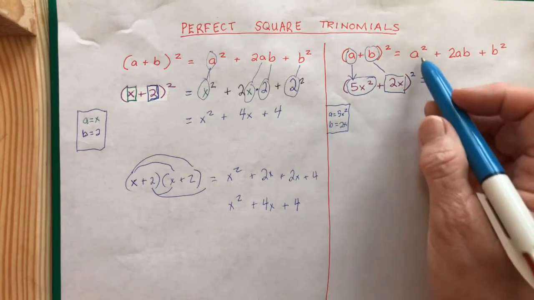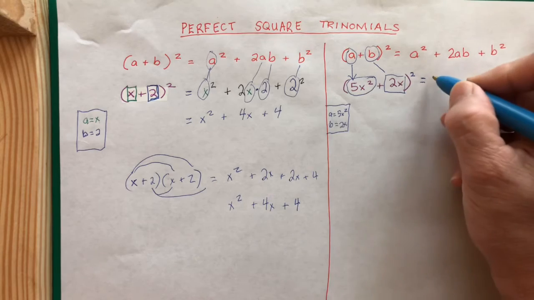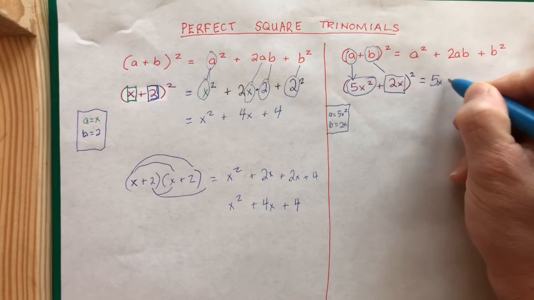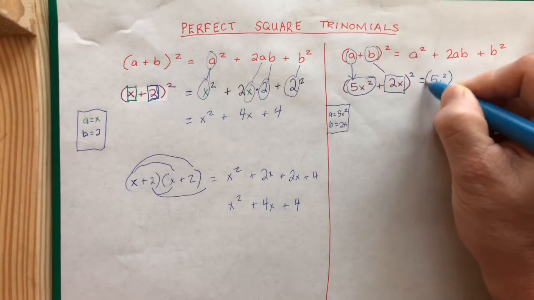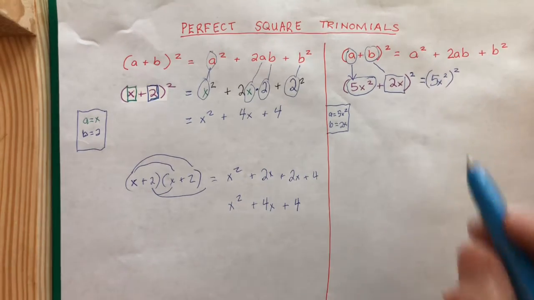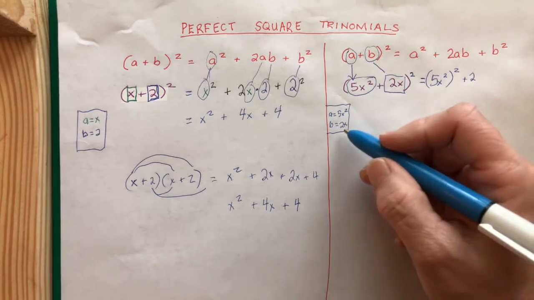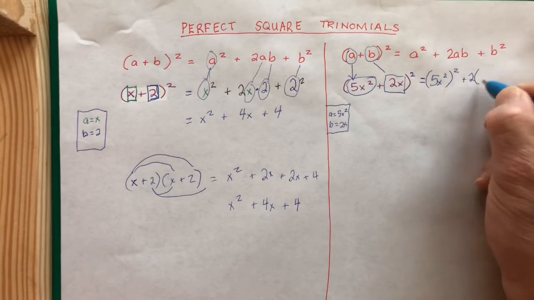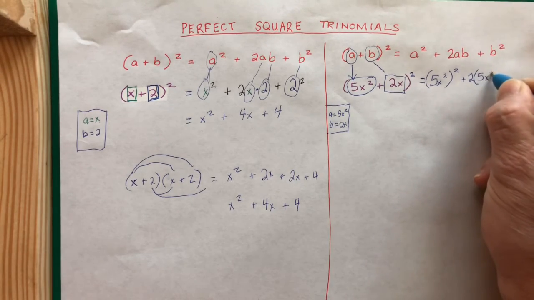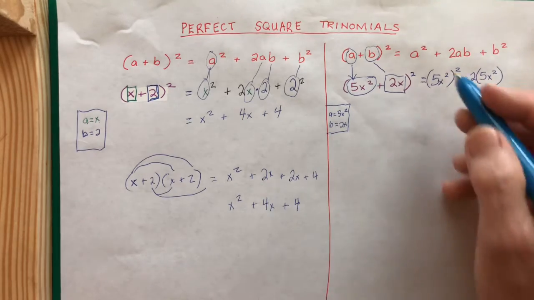So for a, what do I have? I have 5x squared. Now I'll put this in parentheses because I have to square this whole thing. Then plus 2, what was a? 5x squared times 5x squared. And then what was b?